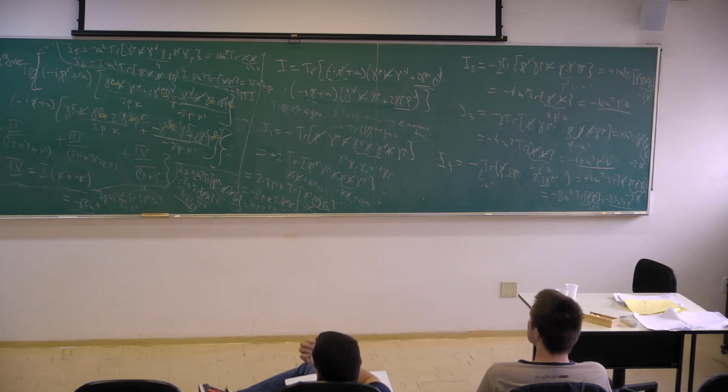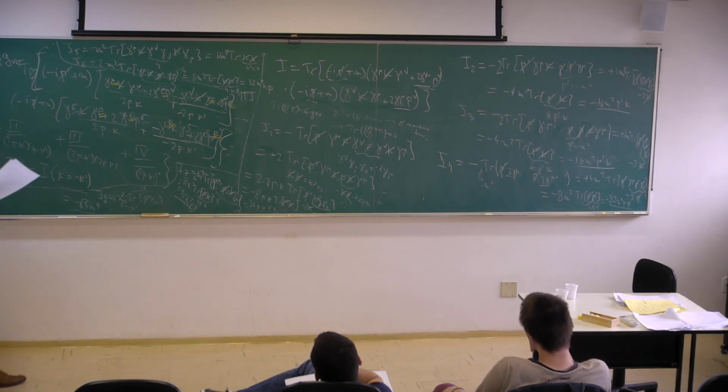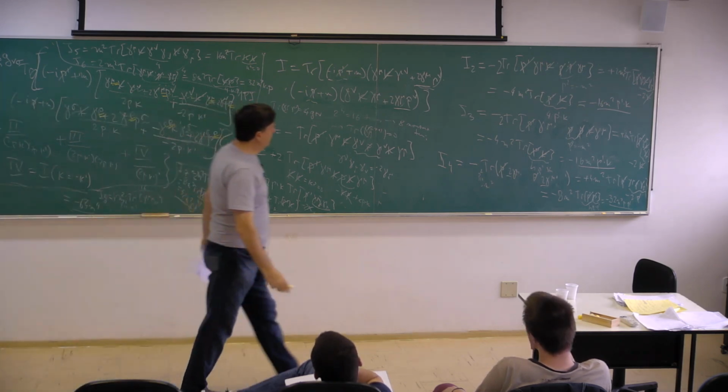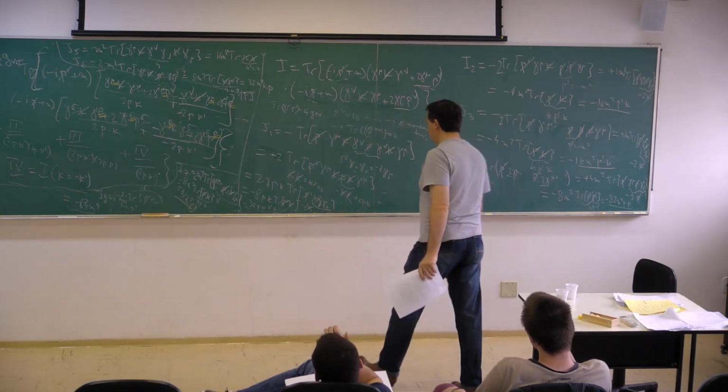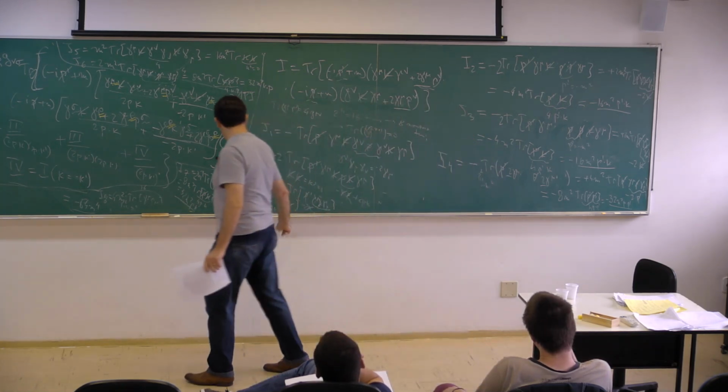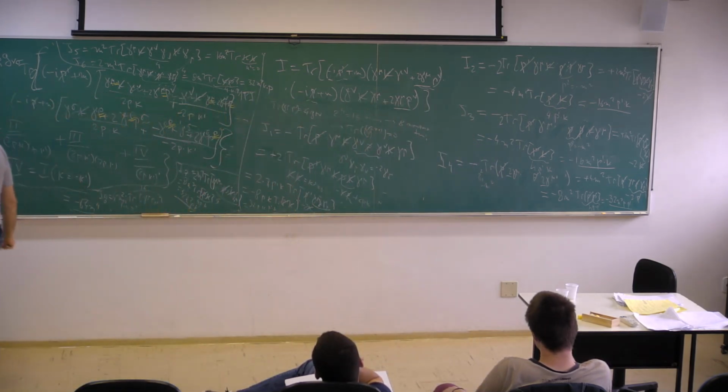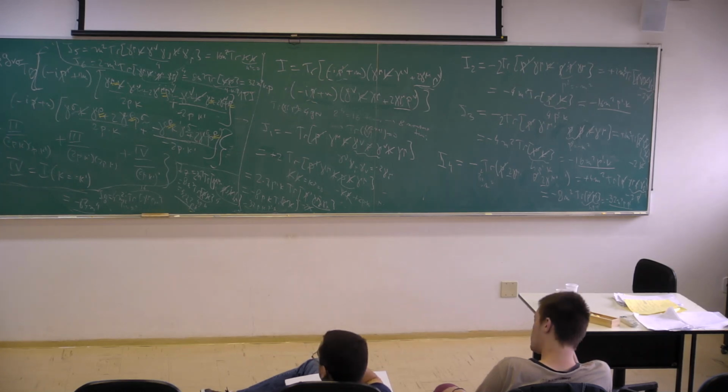All right, so then let's write this sum from 1 to 8 of I, which is equal to: first one is minus 32 pk p prime k.